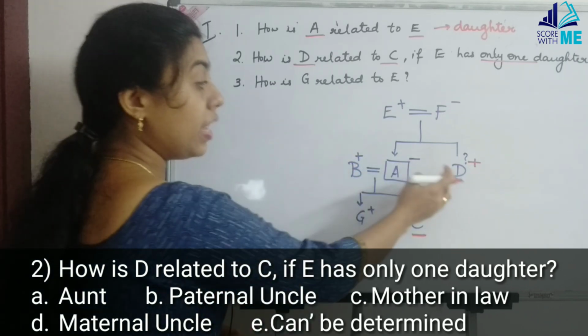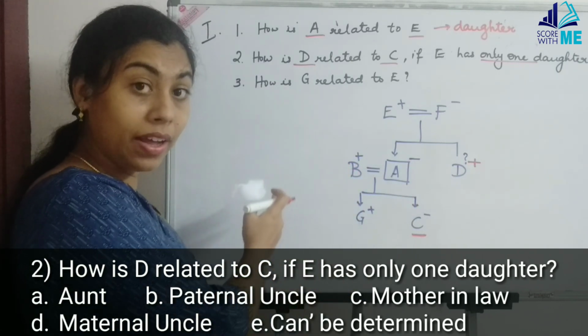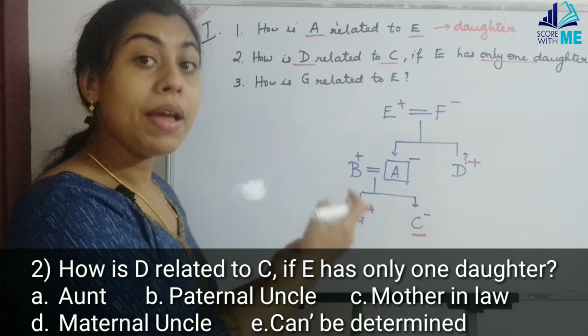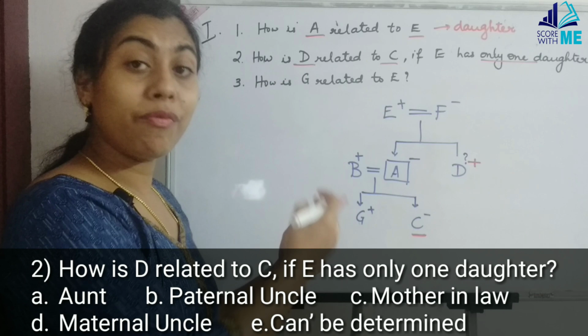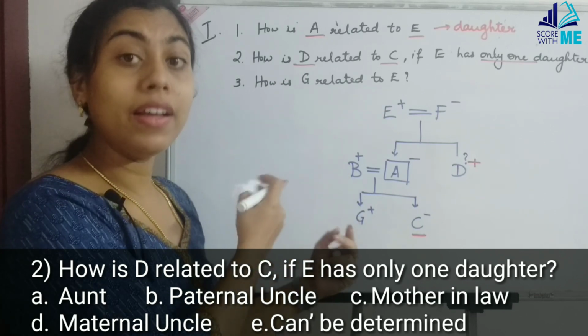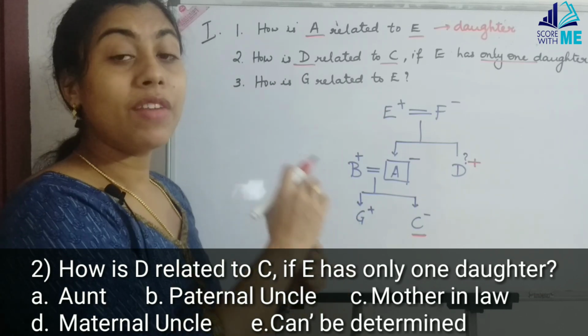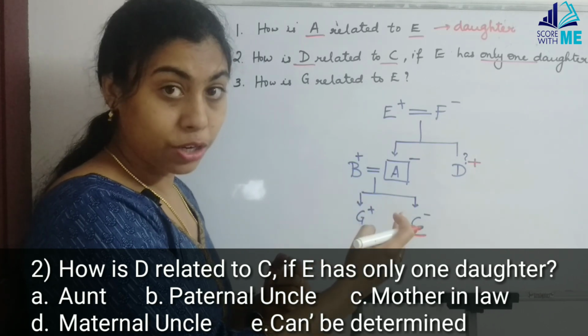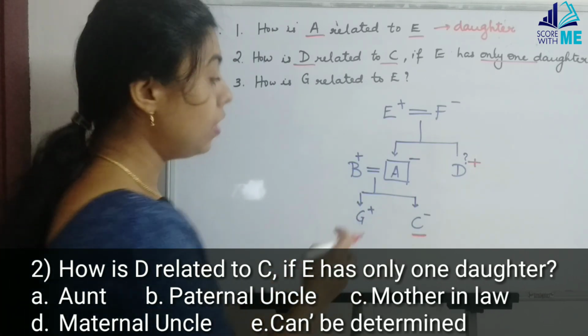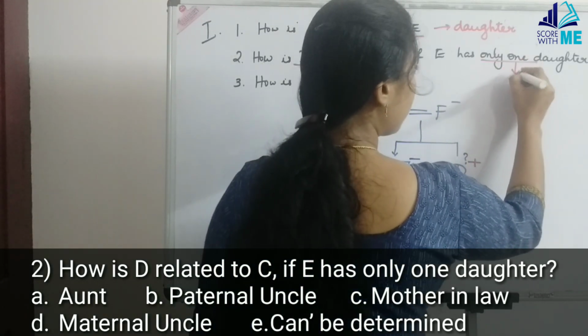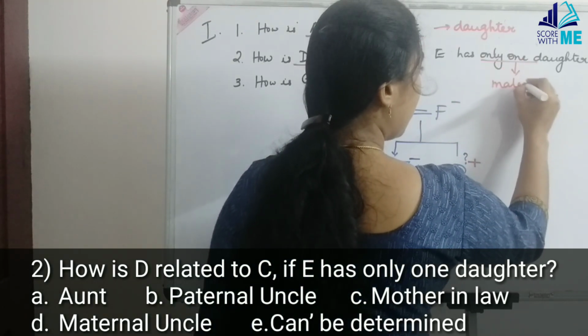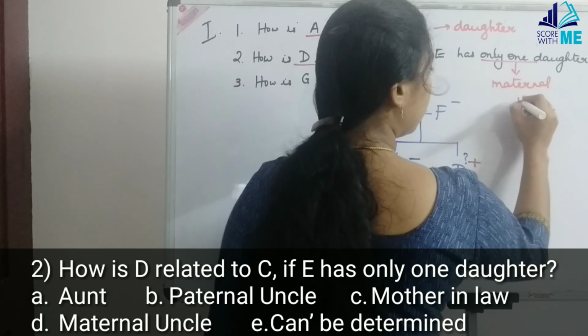If D was father's brother, then that would have been her paternal uncle. Remember the difference? If the relationship is with respect to father, it would be paternal. With respect to mother, it becomes maternal. So D is maternal uncle of C. This question's answer will be maternal uncle.